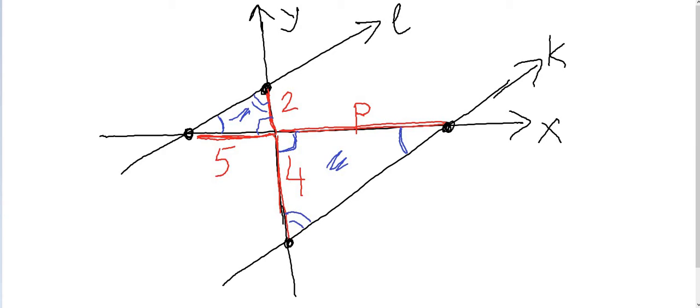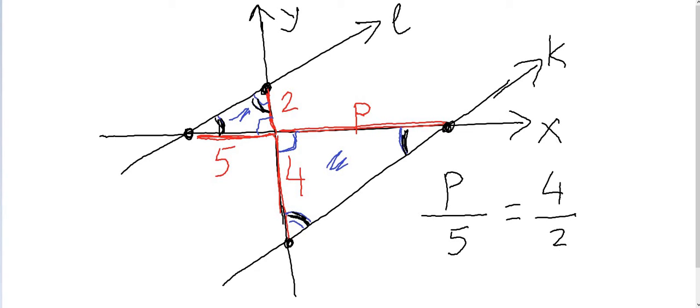So what you can see is we need to find out P, and P is opposite this angle. So let's write P divided by the corresponding side, which is 5, so P divided by 5 equals, then you look at the other angle, and the side opposite it is 4, divided by the side opposite this angle, which is 2.